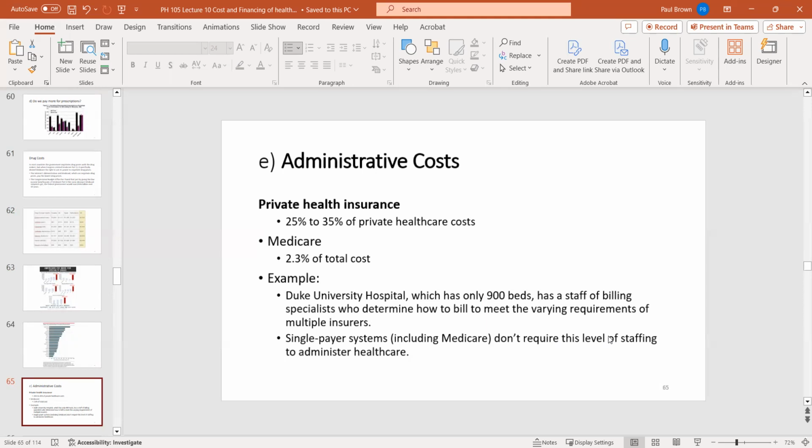So hospitals spend a lot of time and effort going through and doing all this coding. And if you have a universal single payer type of care like the UK, you just don't need that, right? You don't need tons of different types of coders like that, and doctors don't need people who do the billing. It's much simpler.